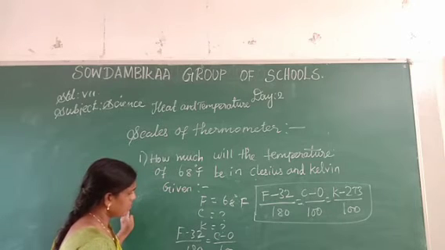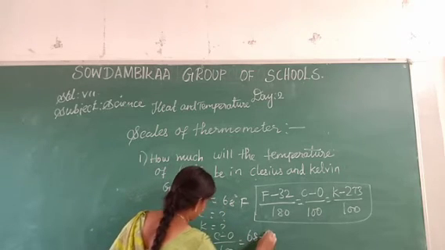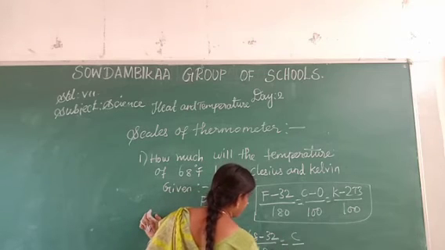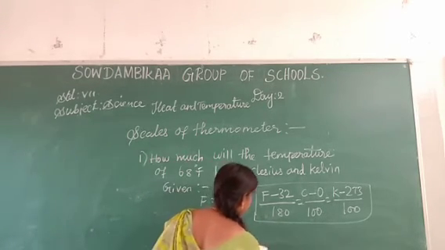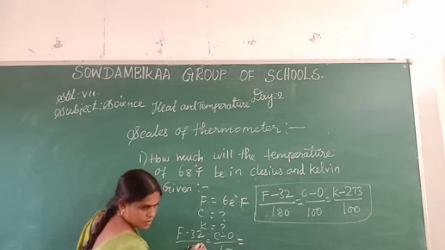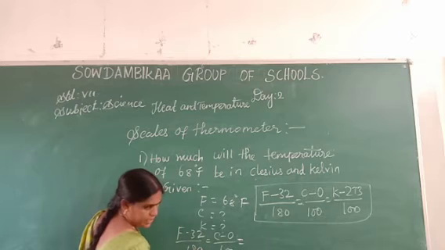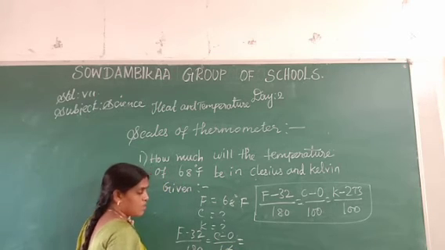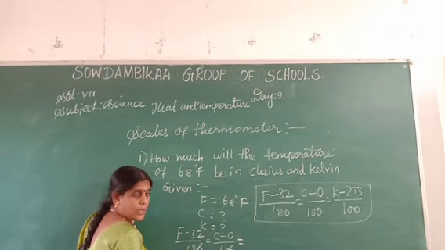They give us 68 Fahrenheit. To simplify, 5 twenties are 100 and 9 twenties are 180.